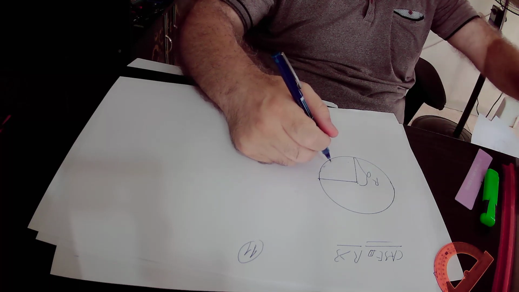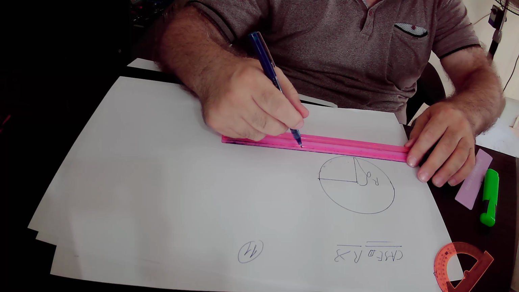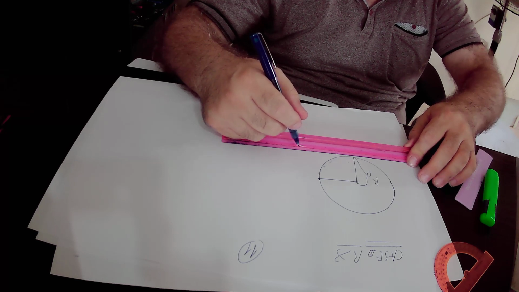So here the side of the square will be shorter than the radius.